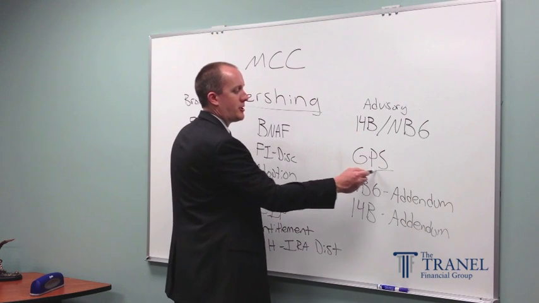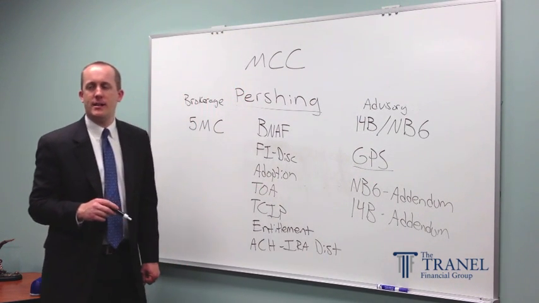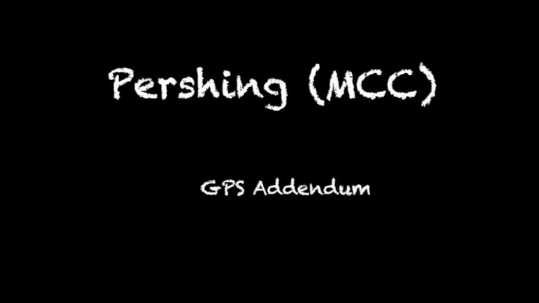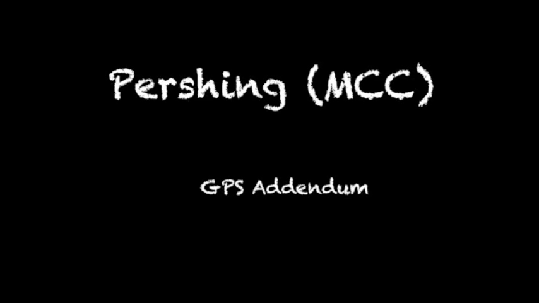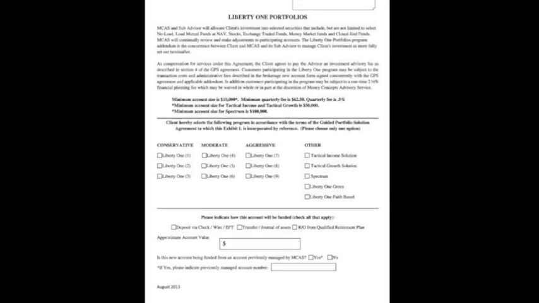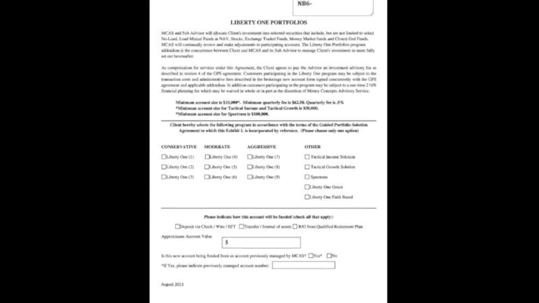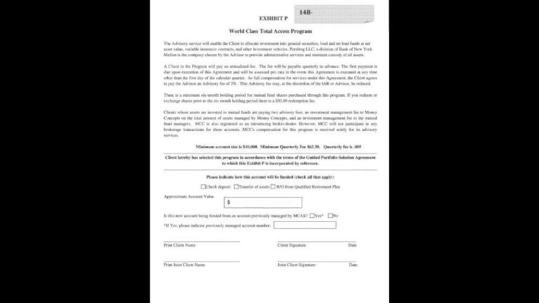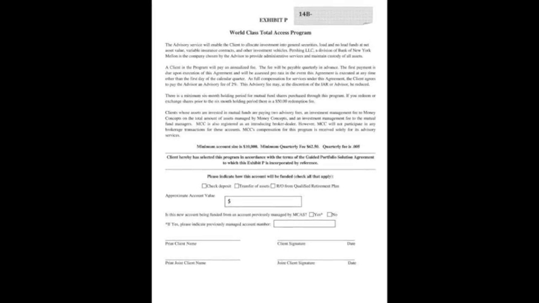Now, just because you have a GPS in place doesn't do you any good without a GPS addendum. The two addendums that you're going to use the most is the Liberty One addendum, which is NB6, and the Total Access addendum, which is 14B.